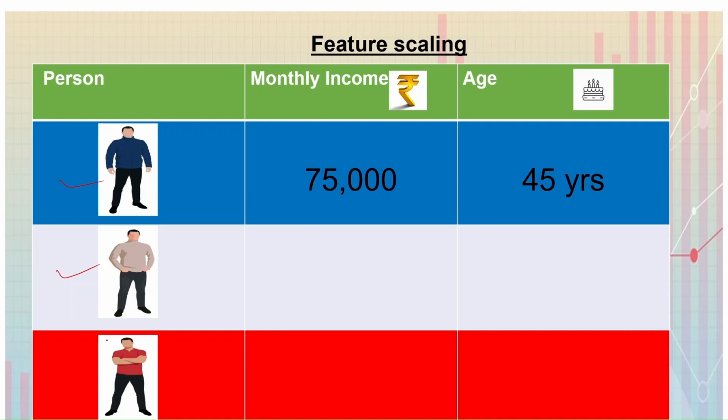Now here is the data. The blue person makes 75,000 per month and their age is 45 years. Monthly income 75,000 and age 45 years.